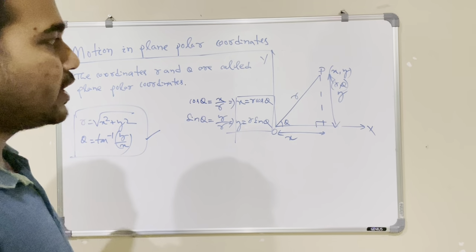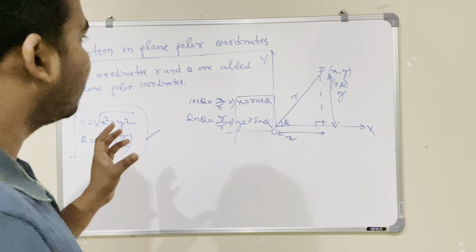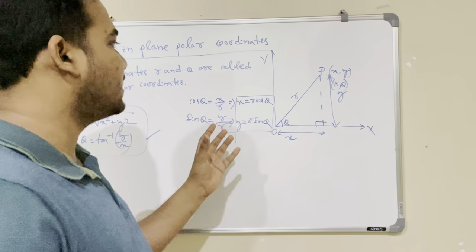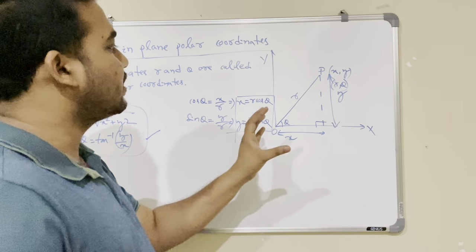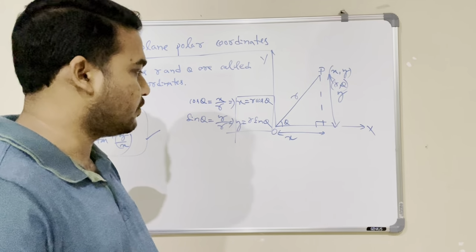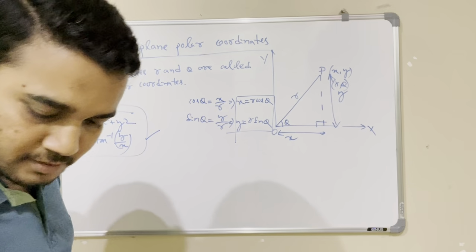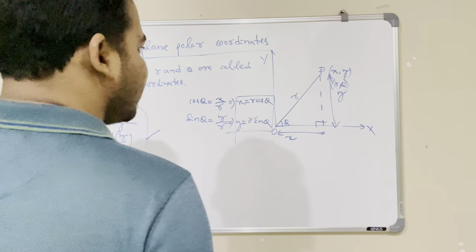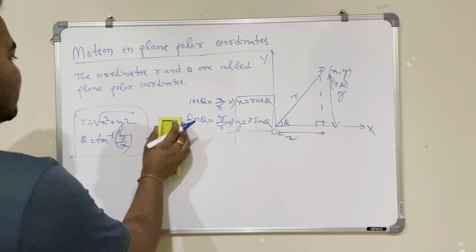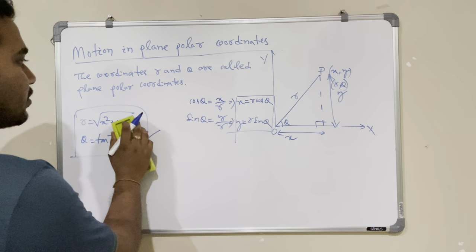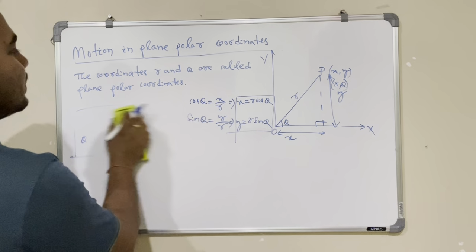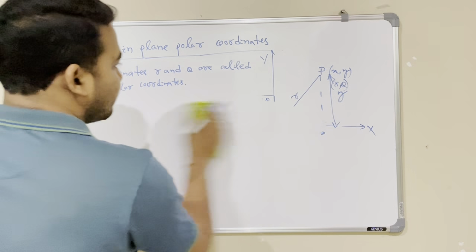What is the difference between the coordinates in the Cartesian coordinate system and the plane polar coordinate system? We will discuss that. Let us draw the constant coordinate lines.